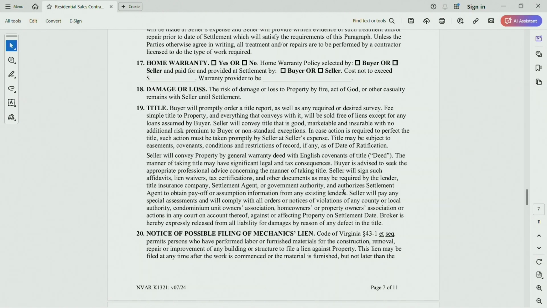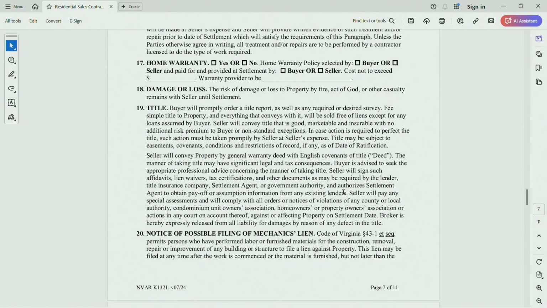So this is telling you that the seller has to convey that property with those violations removed. Now that doesn't mean, as the buyer's side, if the seller can't do it for whatever reason, we can't negotiate mutually acceptable terms in order for your buyer to accept those violations.